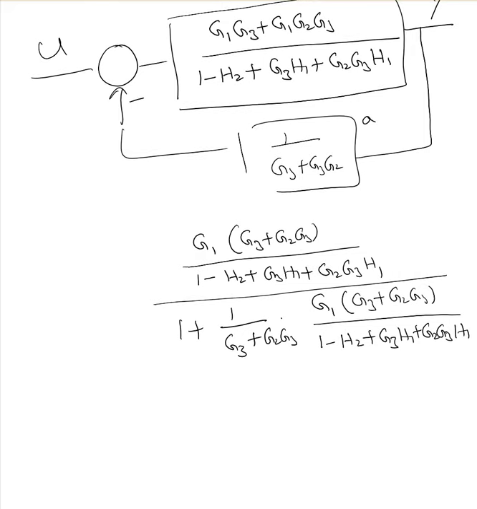Now these two get cancelled out. Once I multiply this denominator on this side, this and this get cancelled out.